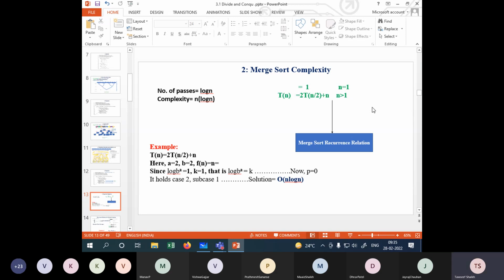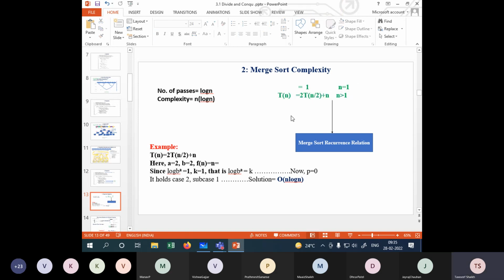But when n is equal to 1, there is only one element, so we assign some constant value to it, that it will take 2 seconds, 3 seconds, whatever. So the actual recurrence of merge sort is T(n) = 2T(n/2) + n.